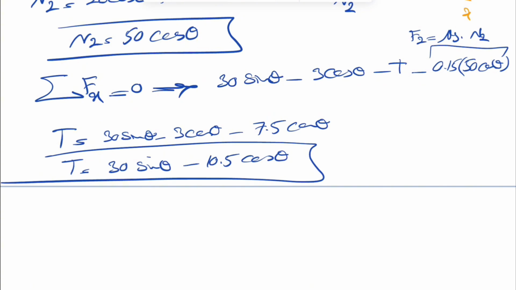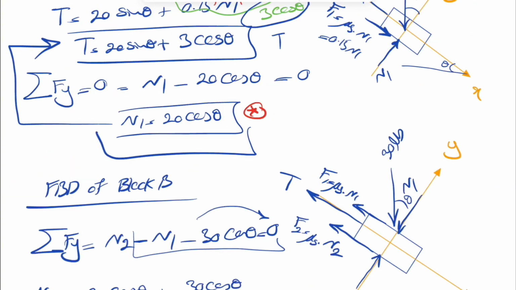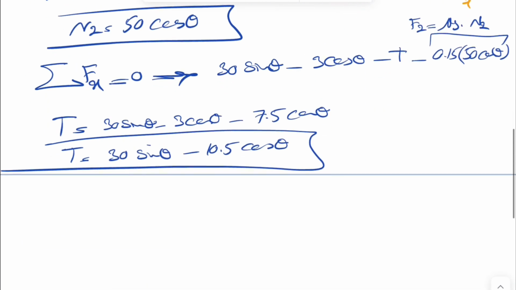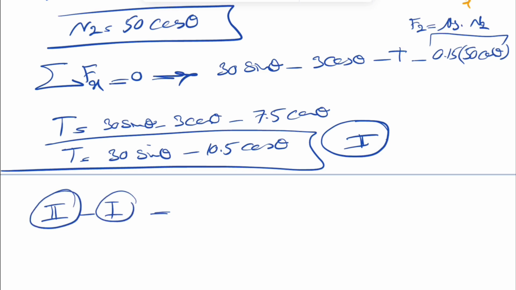So we have another equation. We found the first one from block A, and the second equation in here from block B. If we just subtract 2 by 1 or 1 by 2, really doesn't matter. So we're going to subtract equation 2 minus 1. So we're going to have 30 sine of theta minus 10.5 cosine of theta equals T.